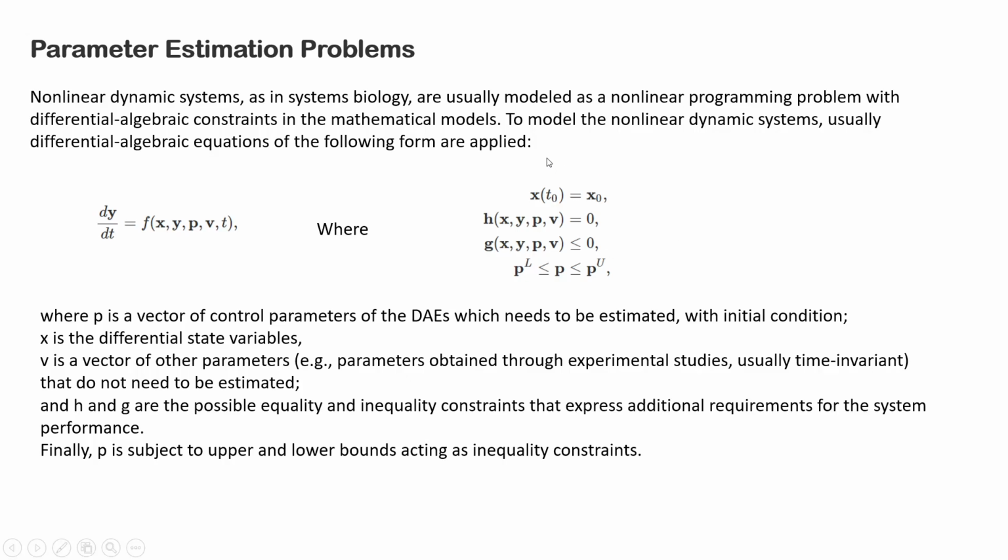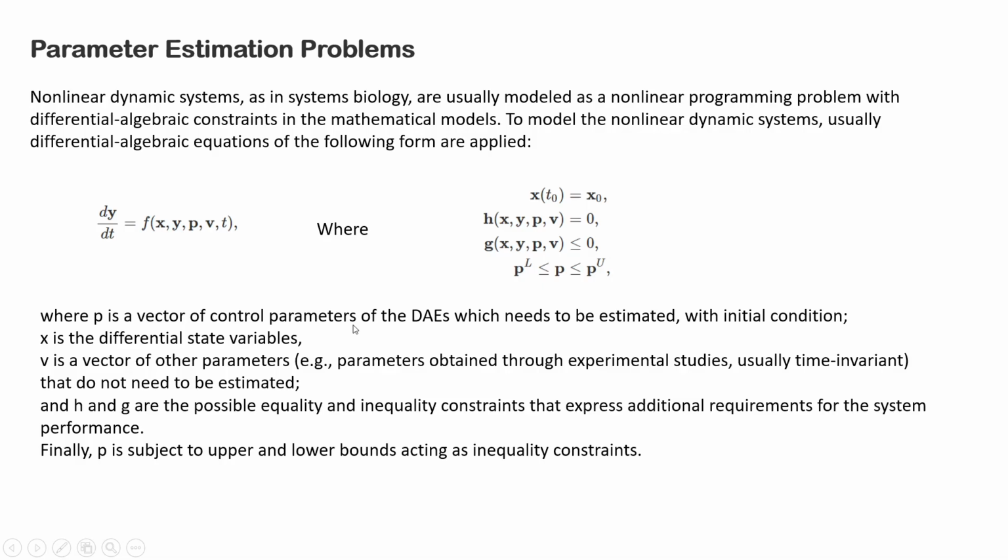And to model these nonlinear dynamic systems, this is the form of equations you will find. It will be a function of a lot of parameters, which are described here. So P will be a vector of control parameters for the differential algebraic equations, which need to be estimated.